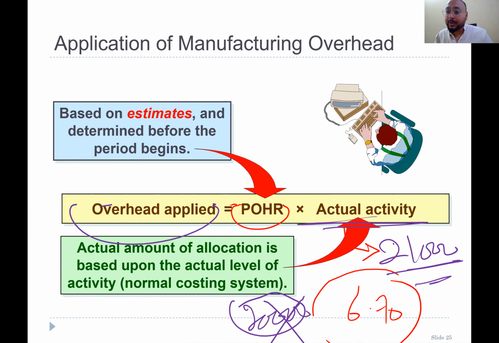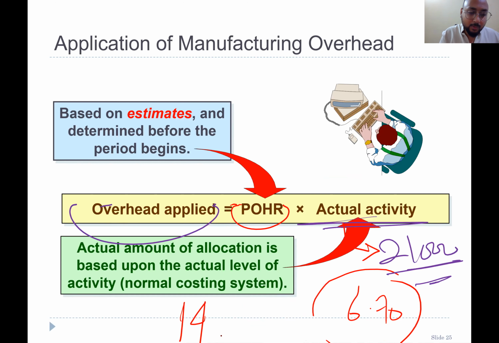And now you can compare the result. What is the result here? So 6.7 multiplied by 21,000. The answer is 140,700.